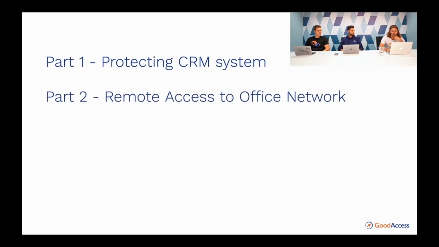So first of all, I'm gonna show you simply the basic deployment of protecting one system, which is the CRM system of the company, and then we're gonna access the office network, remote access to an office network like a branch, and the devices like cameras and things in the office network.